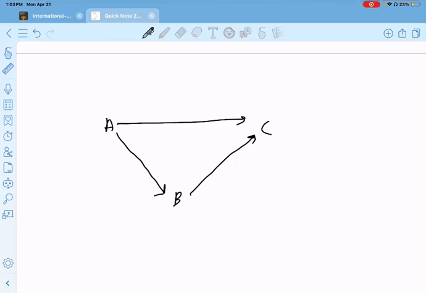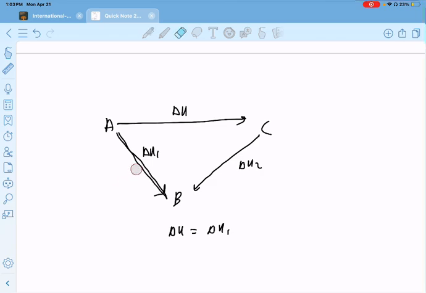But it's important to note that if the arrows are changing, let's say the arrow is not from there to there, it's from here to here, and you want to find delta H, you will use delta H1, which is this, and this is delta H2. So delta H equals delta H1, following the direction of the arrow. It is the positive direction, it's not going backwards, so we do it positively.